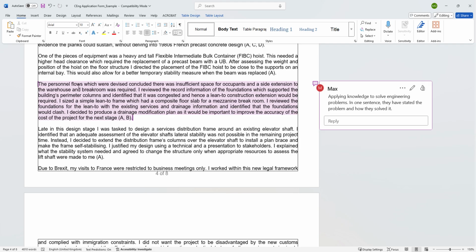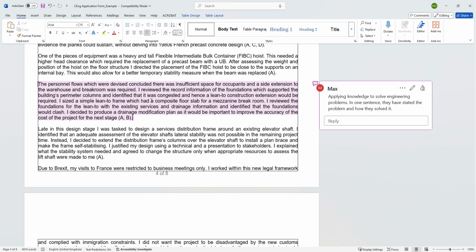The personnel flows which were devised concluded there was insufficient space for occupants and a side extension to the warehouse and break room was required. I reviewed the record information of the foundations which supported the building's perimeter columns and identified that it was congested and hence a lean-to construction extension would be required.